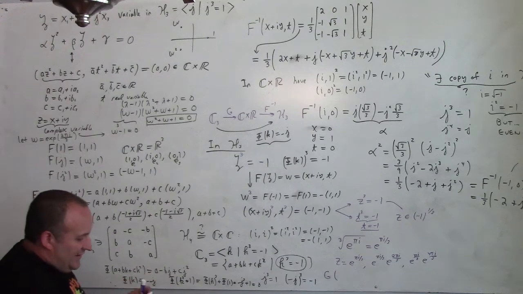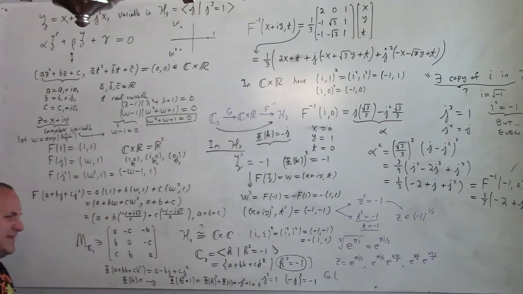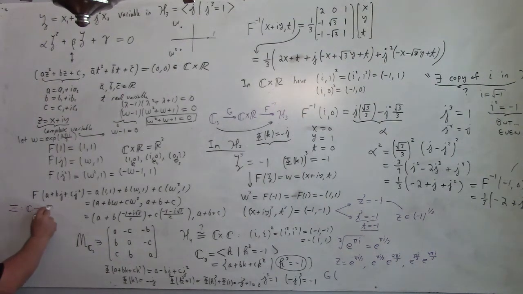That's why I glibly said, if you send generator to generator, that's enough. No, that's not enough, because you could define a map. Let's say I'm mapping from the complex numbers to the dual numbers.